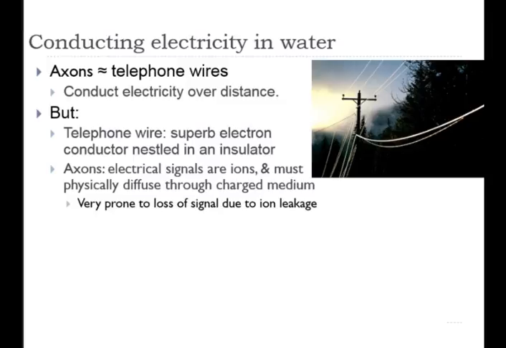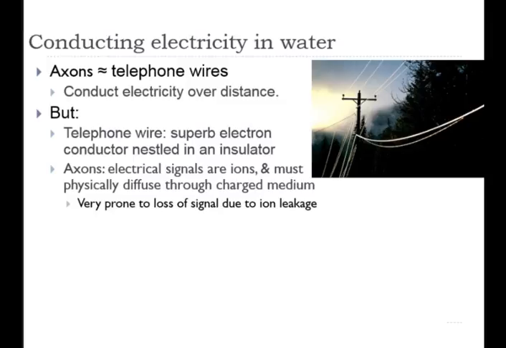So you have this beautiful conductor surrounded by insulation so that there are no other interactions with it, and electrons can just zip from copper atom to copper atom all the way down that wire to send a signal. In contrast, with axons you can't really do that, for a couple of reasons.